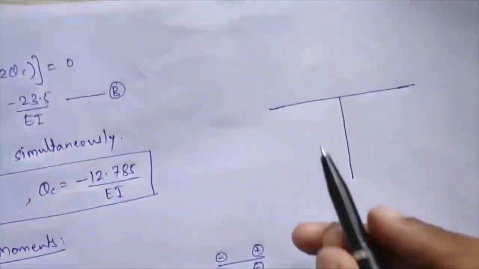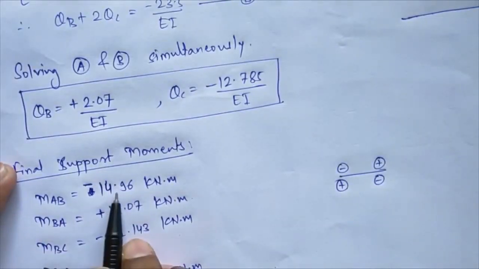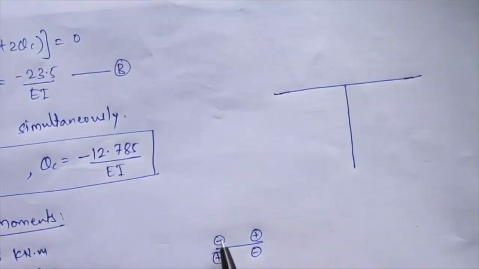So we'll see the first member, member AB. Member AB I am getting as minus 14.96, so it is negative, and it will be plotted on the upward side.